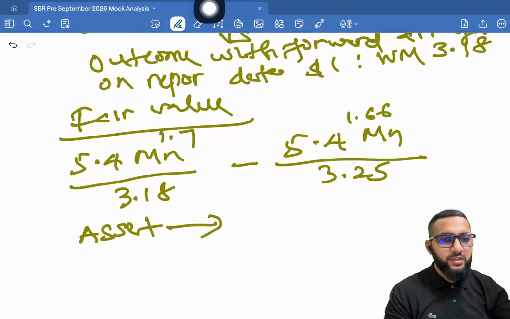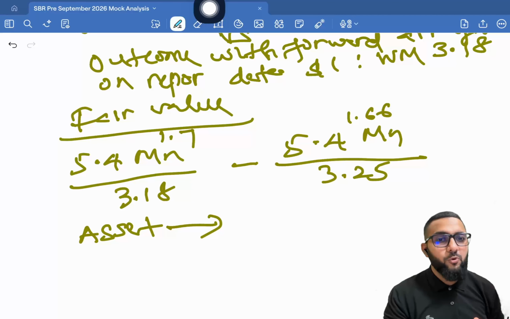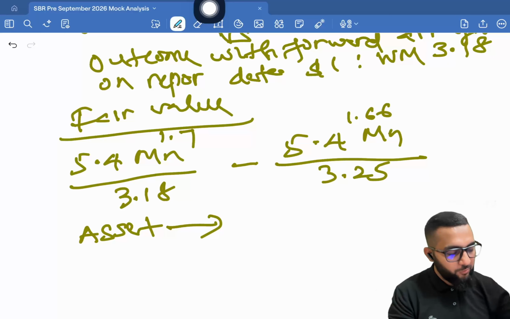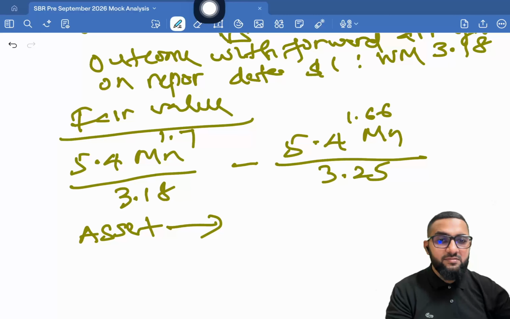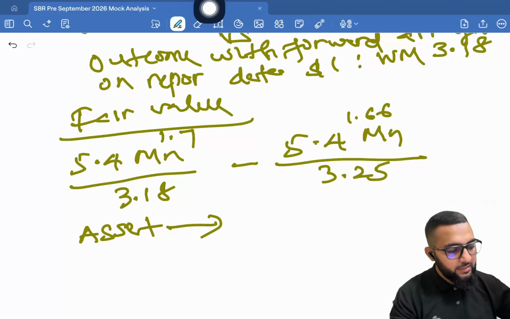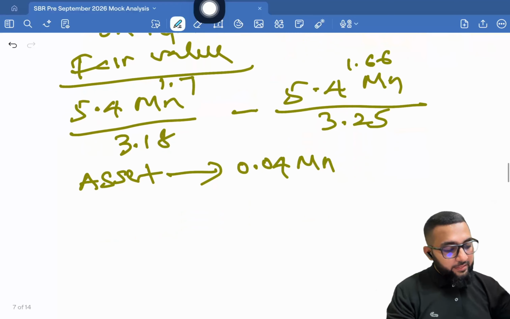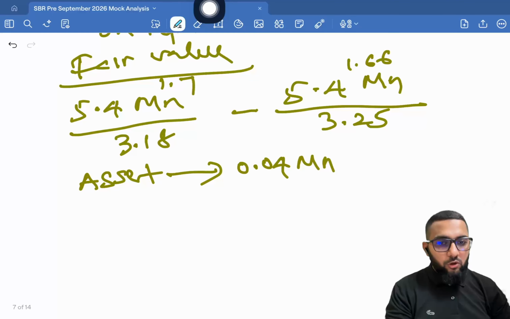So the difference between 1.7 and 1.66 is 0.04, in millions. So 0.04 million is the asset. That is to do with the forward contract.